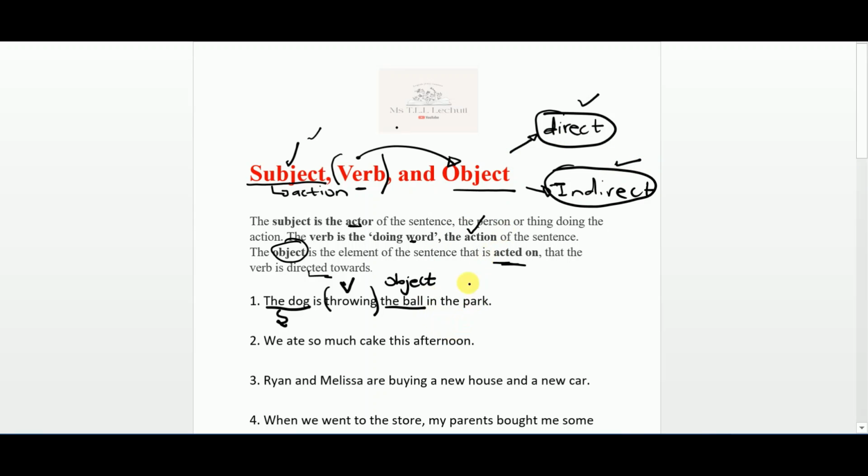Now the question may be again, where is this ball thrown? In the park. So in the park becomes our indirect object, because it is a place that is also affected by the action of the verb. So this one becomes our indirect object.